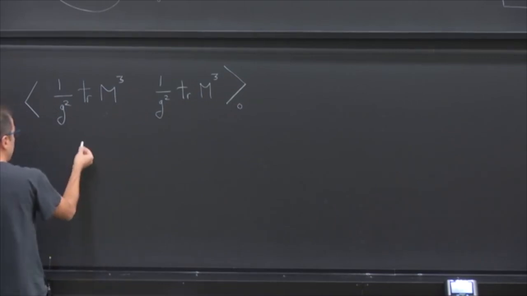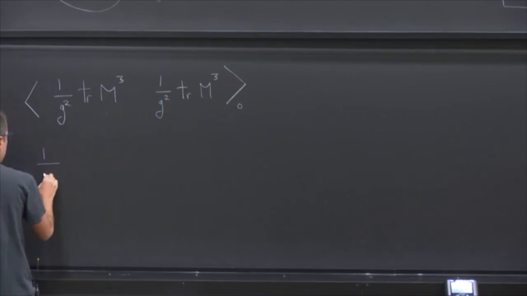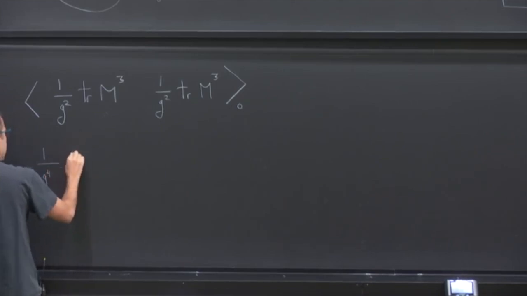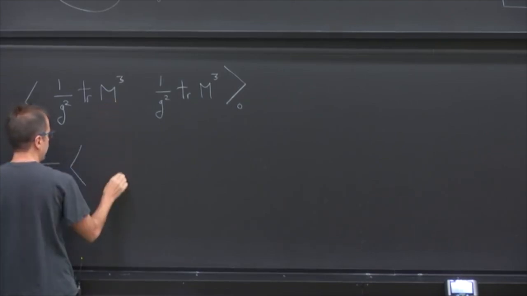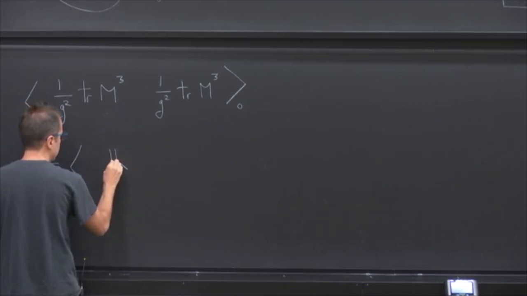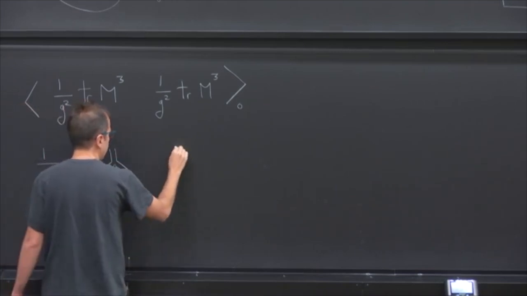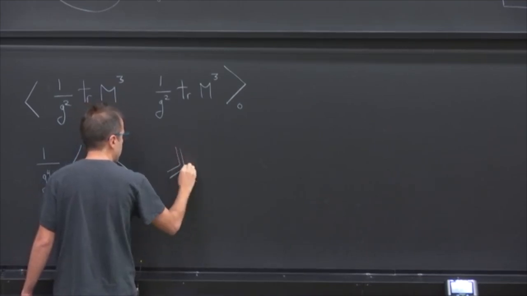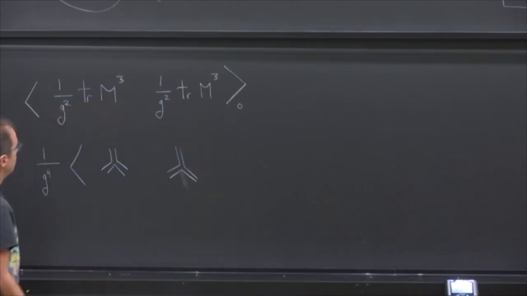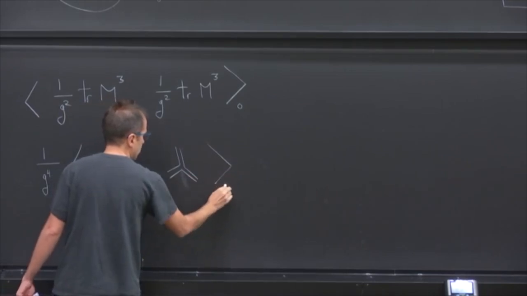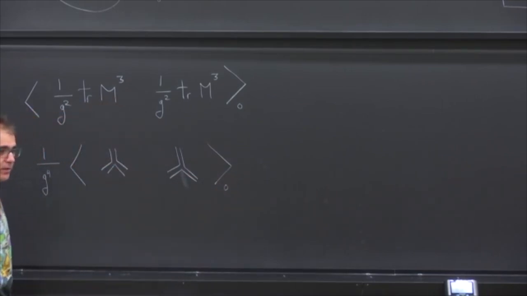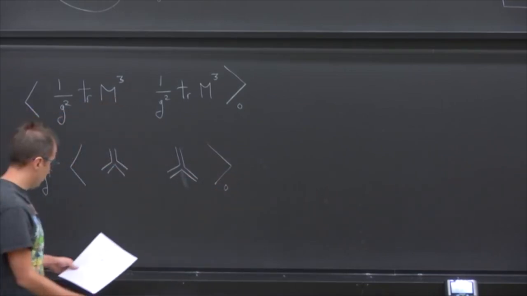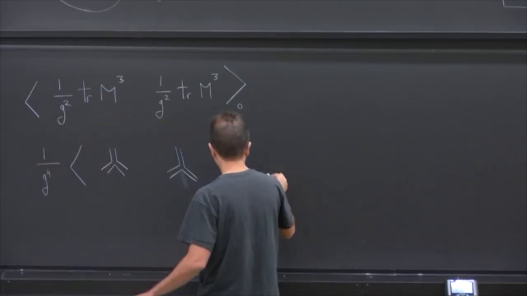Okay, so let's work it out. So now it's very easy. We do it graphically. So it's 1 over g to the 4 times the expectation value of the first one, which is just some cubic n, and then the second one, another cubic n. And then all we have to do is contract these propagators like this. So there are a bunch of options.